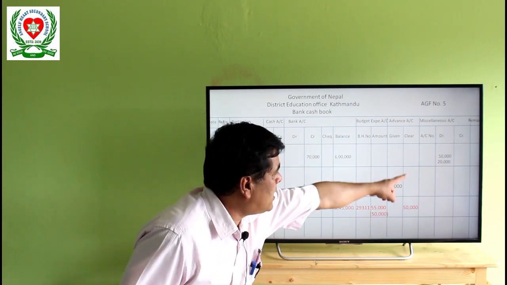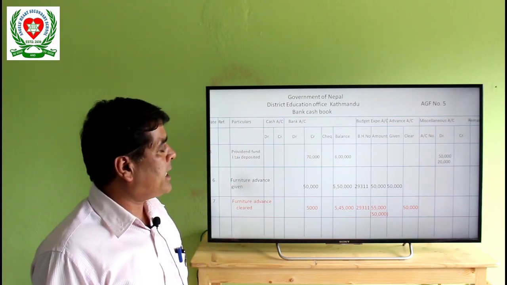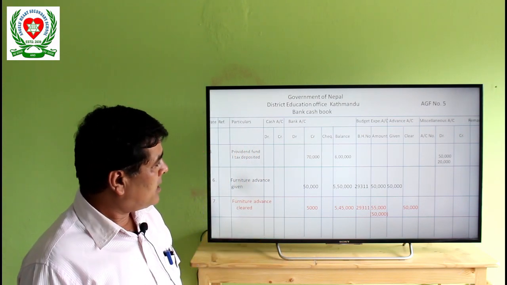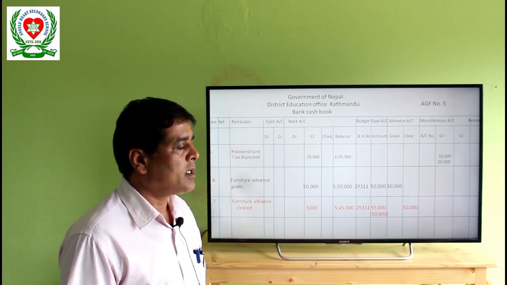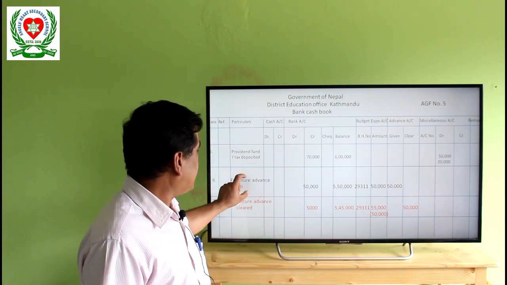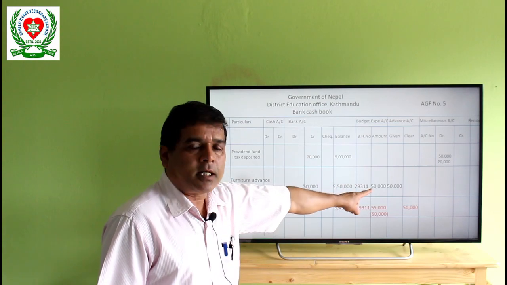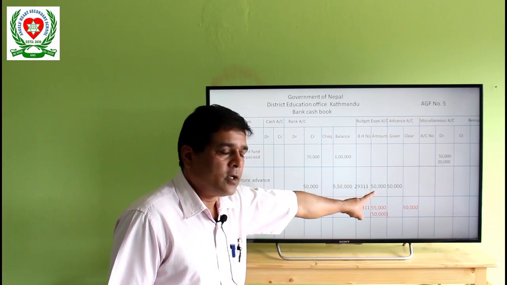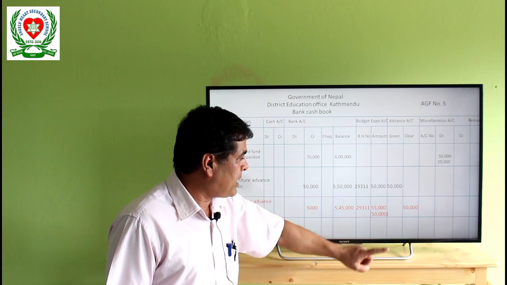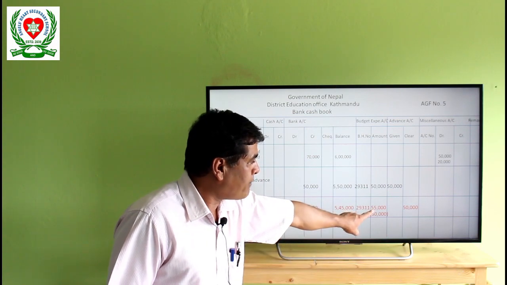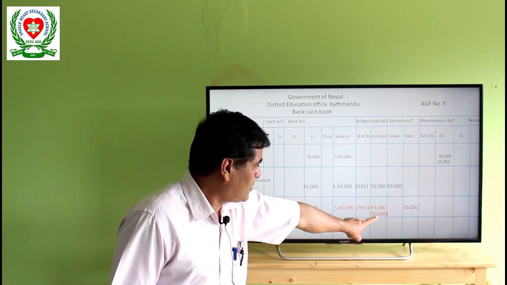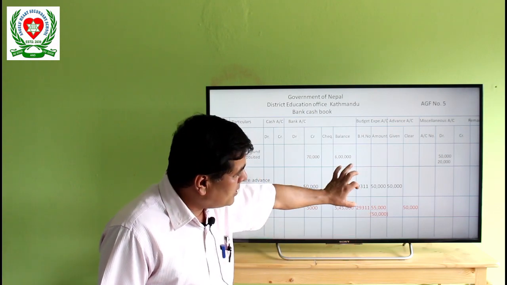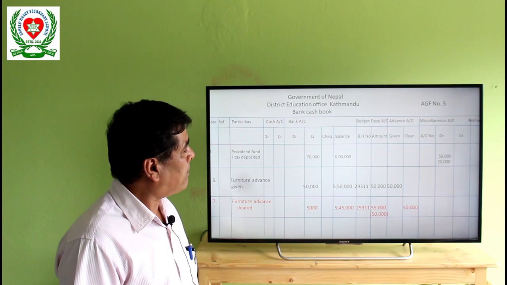So, in the clear column of the advance, 50,000 should be written, and the same 50,000 should be written here inside the bracket, because while taking the advance it was not actual expenditure, it was advance only. From this advance he made expenditure of 55,000, and this 50,000 which is inside the bracket will be cut while making the balance.